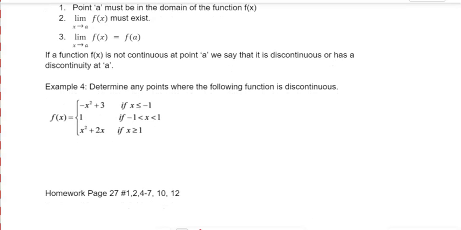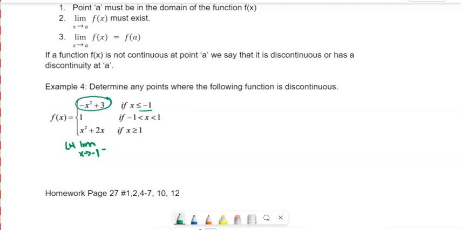So we have this function and it has 3 pieces, and we want to know if it's discontinuous at any one of these points. So we're going to have a look at where it could potentially become discontinuous. So the first spot is going to be at -1. So we'll start by finding the left-hand limit as x approaches -1 from the left.